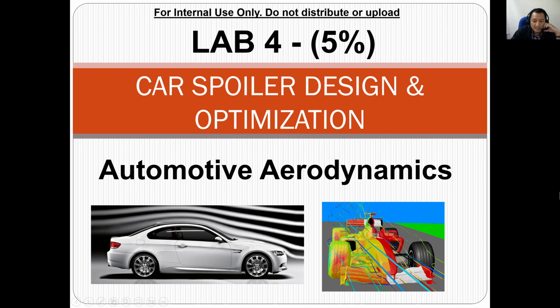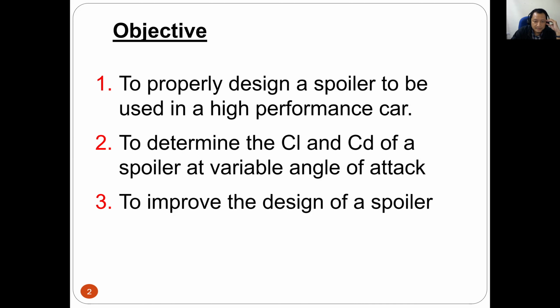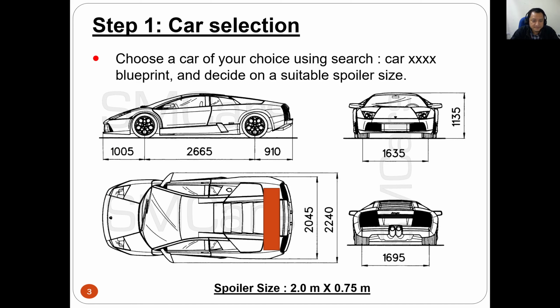So it's about a car spoiler design. We would like to properly design a spoiler to be used in a high performance car. We want to determine CL and CD of the spoiler at variable angle of attack, and maybe we want to improve the design of the spoiler.